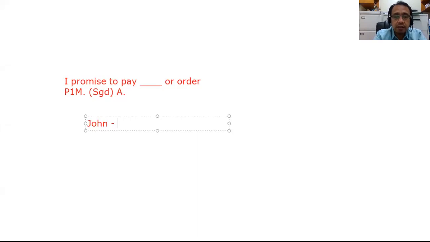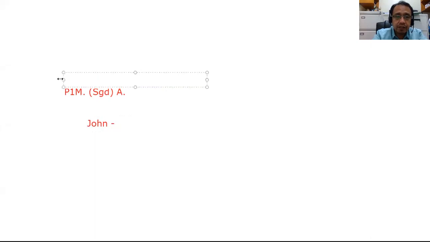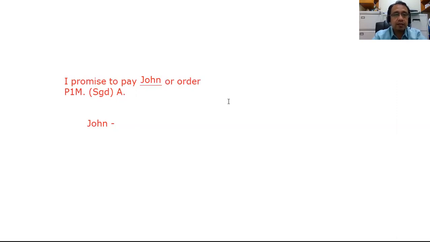John stole that promissory note and thereafter placed his name as the payee of this instrument. Nilagay niya dito yung pangalan niya. So, I promise to pay John or order 1 million pesos, signed A.